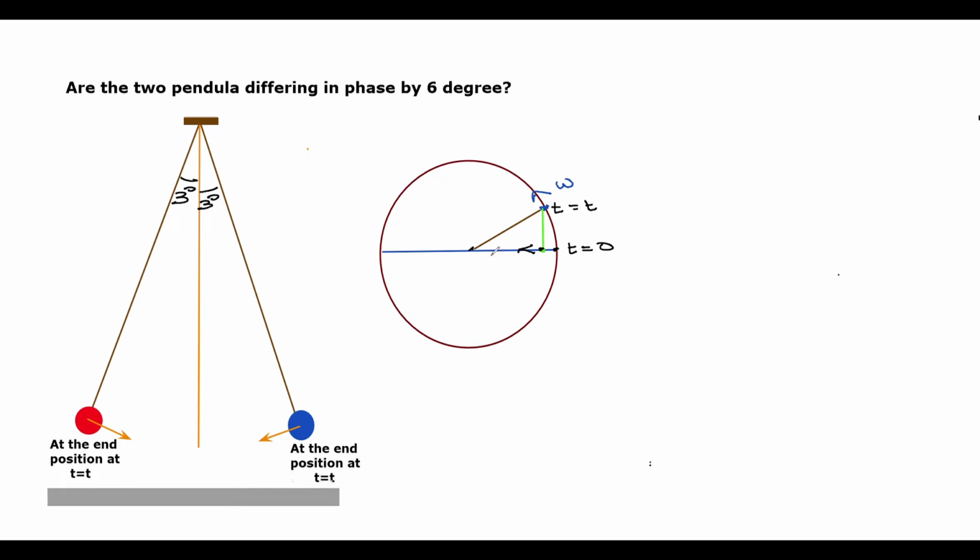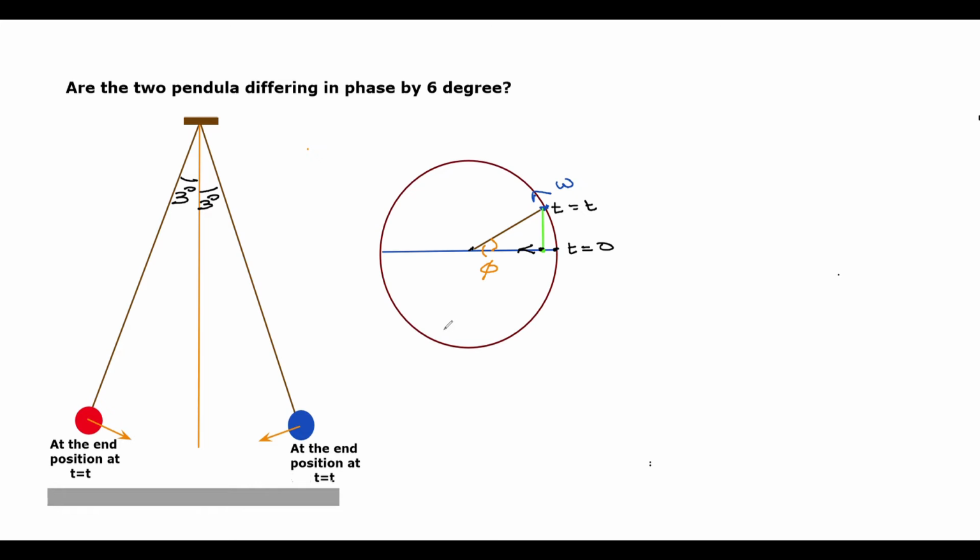The phase of this is this particular angle, denoted by phi, and this is the phase of the oscillating particle at the instant t. So phase is an angle which appears only in the circular model.